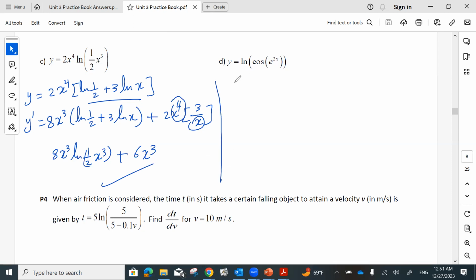And the last question for today is y equals ln cosine e to the power x squared. I have y prime equals 1 over the function, 1 over cosine e to the power 2x, times the derivative of cosine e to the power 2x, which is negative sine e to the power 2x, times the derivative of e to the power 2x, which is the same function times the derivative of the power, 2.